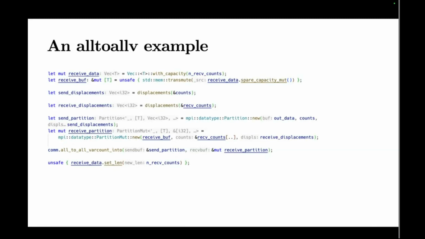The mut means mutable, so this is data that is going to be modified, while the send partition is not going to be modified. That's again another thing that is very nice in Rust: the explicit representation of things that are mutable and things that are not mutable. By default in Rust, everything is not mutable. You have to explicitly annotate variables as mutable.